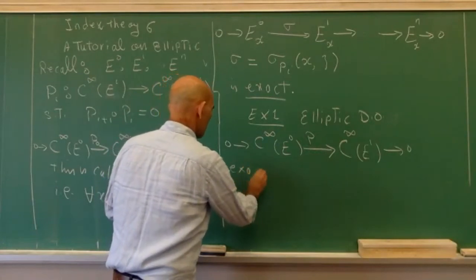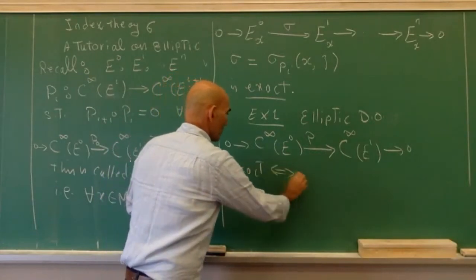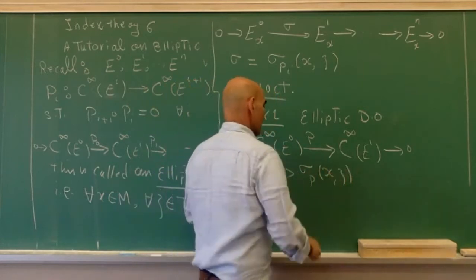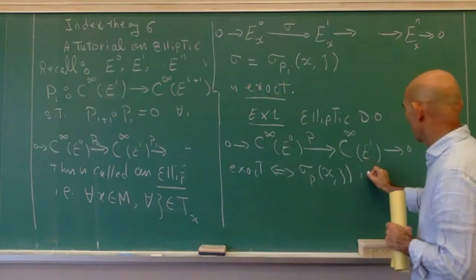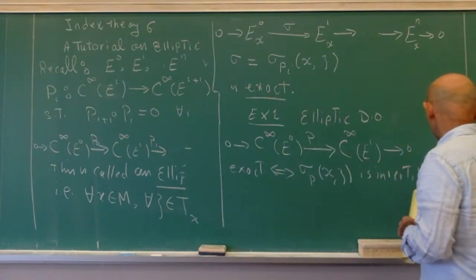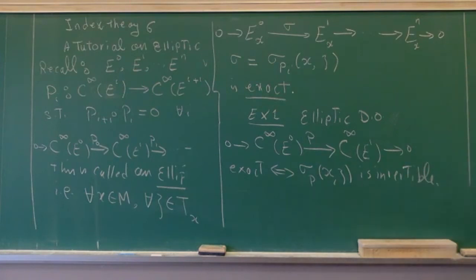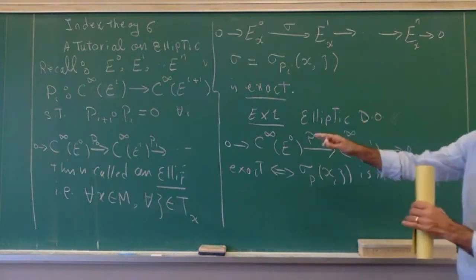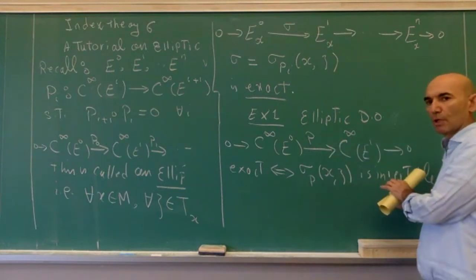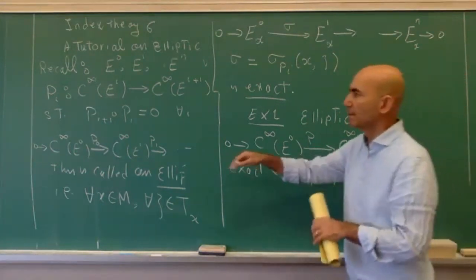Exact, if and only if symbol of this xi is isomorphism or invertible. So whatever you prove about elliptic complexes certainly holds for elliptic operators, but this is more general.